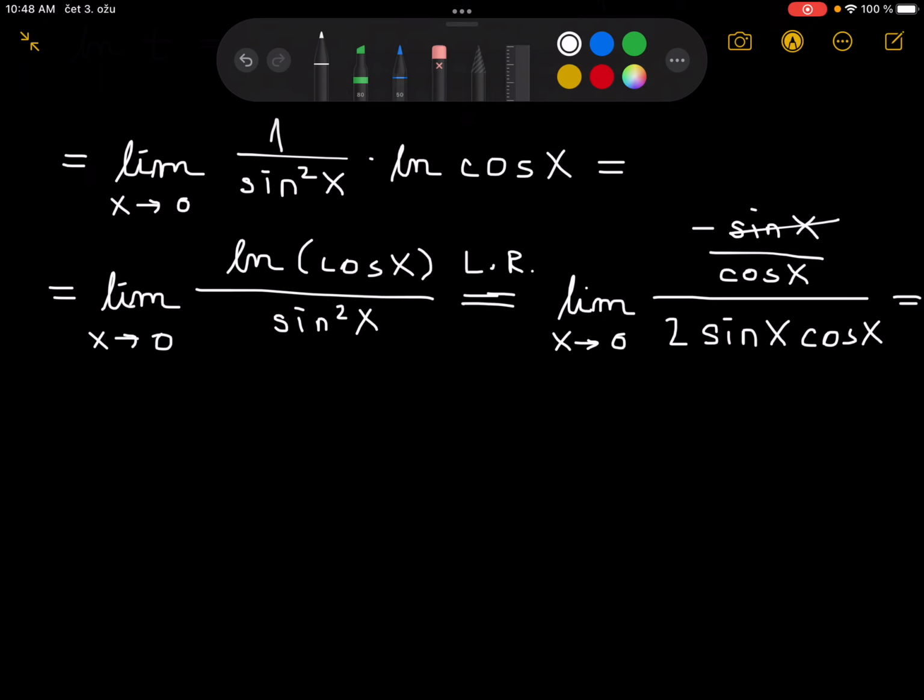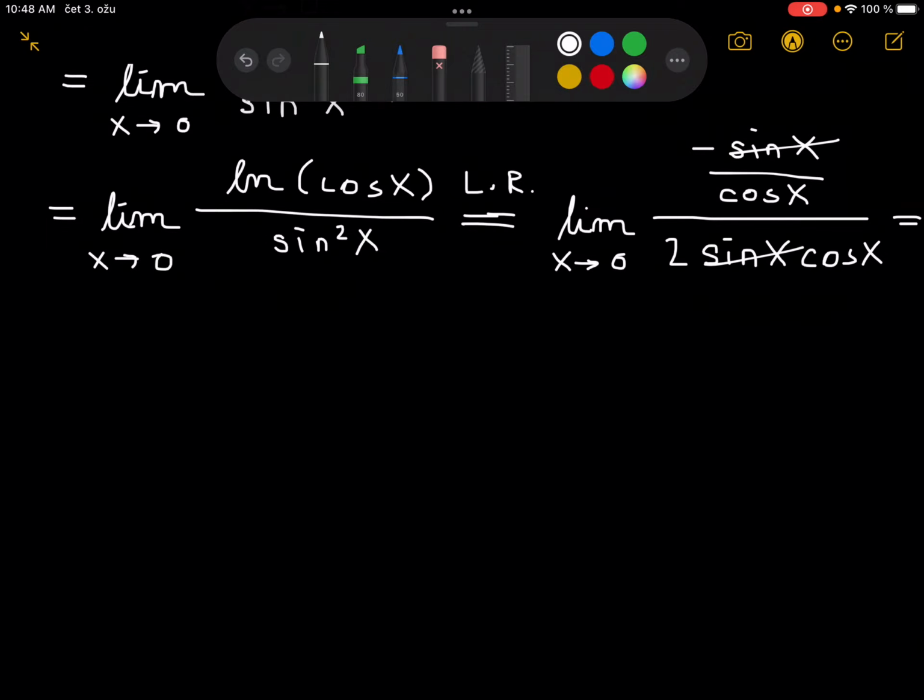We can cancel out the sines because this is essentially a double fraction. And now we can just go ahead and multiply the outer parts, and that will go up, and that will be the numerator of our new fraction.